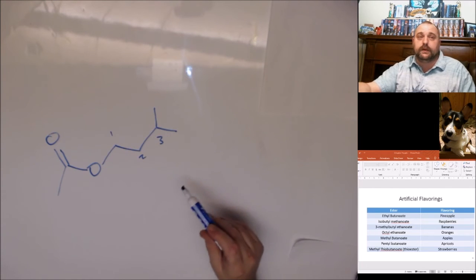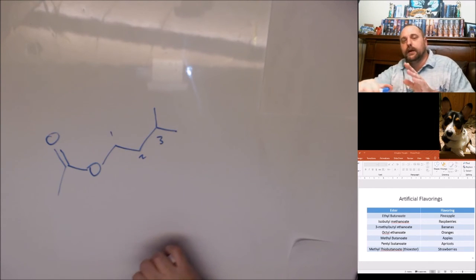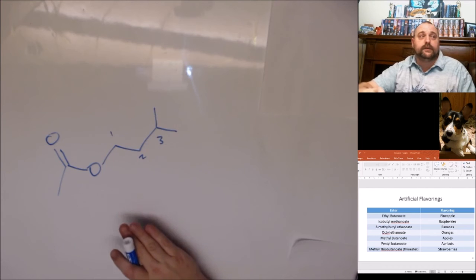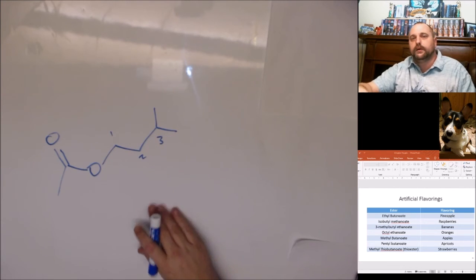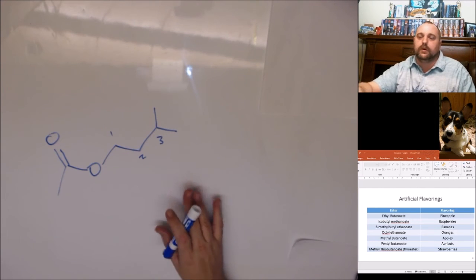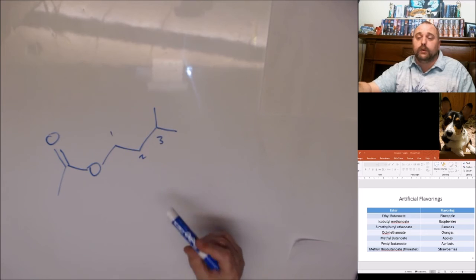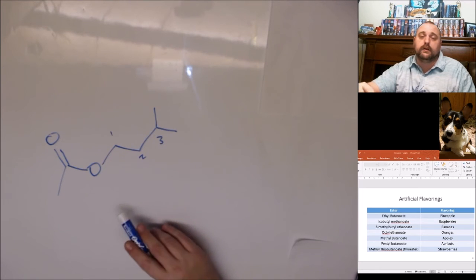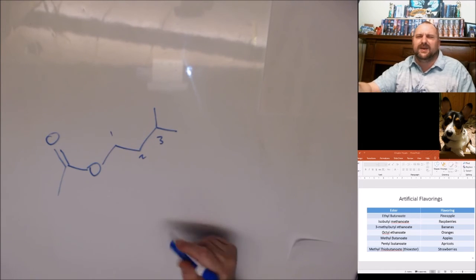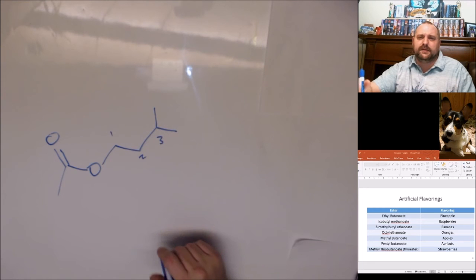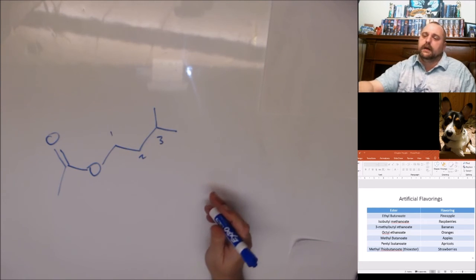So first problem is, keep in mind, these are very reactive. So esters react with water and a little bit of acid, but really just a little bit of water, and it falls back apart. This one we would get back alcohol and acetic acid. So you'd start off smelling like bananas and end up smelling like vinegar.